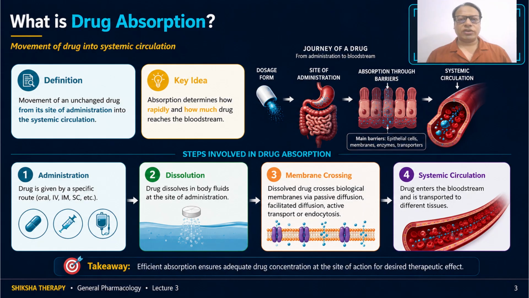Second, the drug dissolves in the body fluid. Third, the dissolved drug crosses biological membrane. And finally, it reaches systemic circulation and is distributed to the different tissues. The important point is that absorption determines how rapidly and how much drug reaches the blood stream.